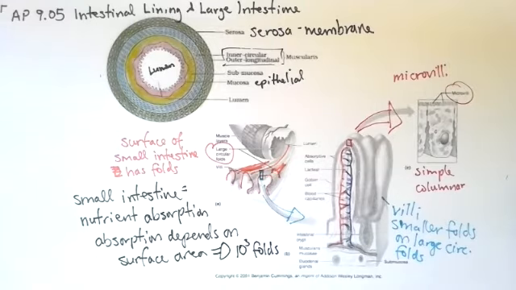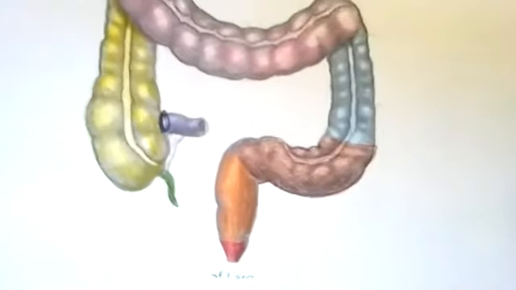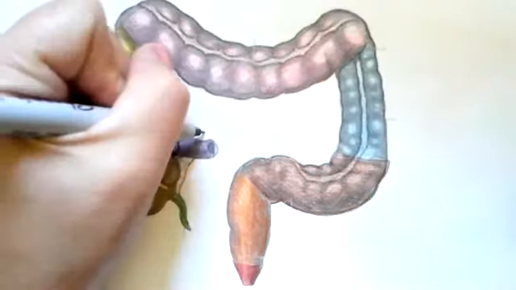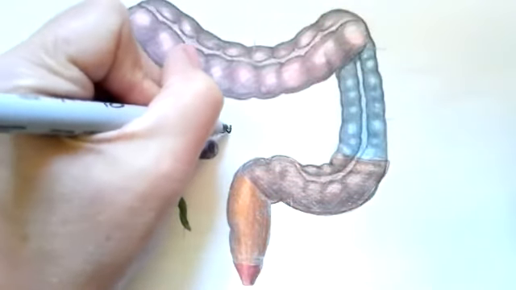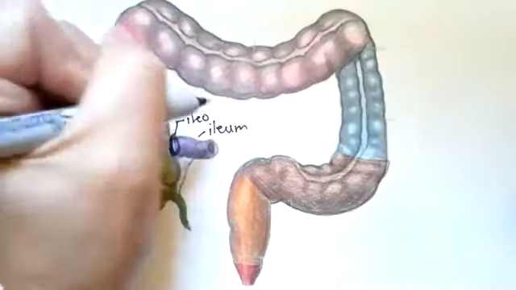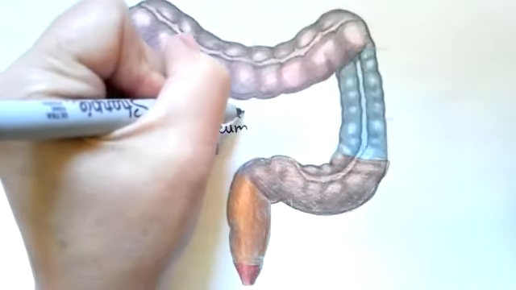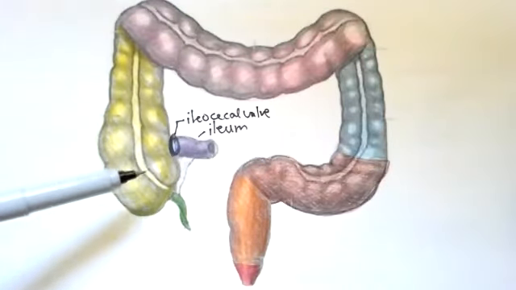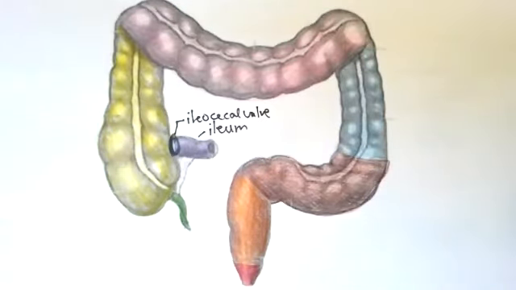Let's go ahead and jump up now to the large intestine. And we're basically, for this, just going to talk about the main functions and the regions. So starting off, this is going to be my ileum. This is going to be the ileocecal valve. And then we break down the large intestine into three main portions.